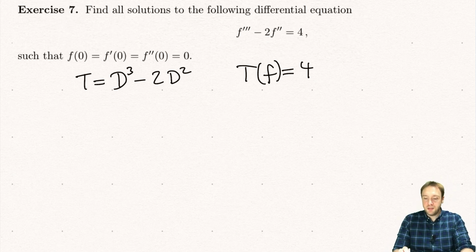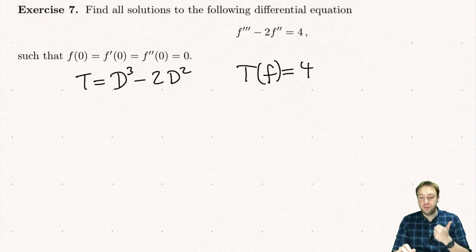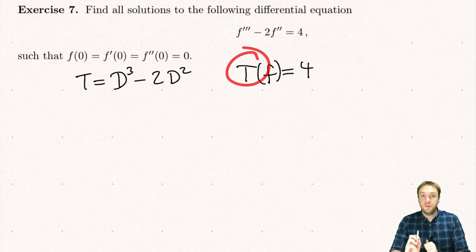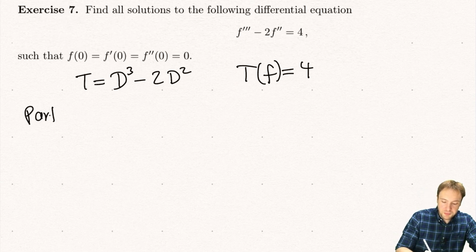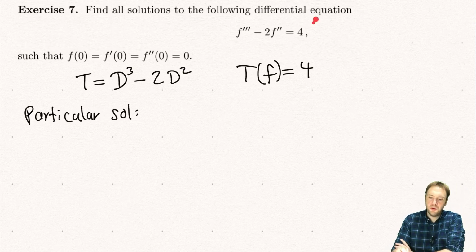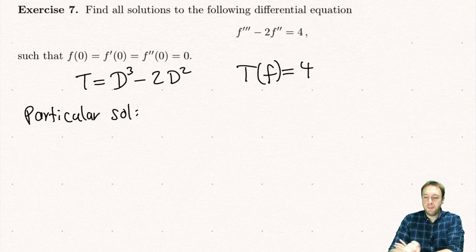And the strategy to solve this kind of linear equation was to find one particular solution, and then all solutions are given by this particular solution plus all elements in the kernel of T. So let's start with the particular solution. So we want to find one solution of this equation here. And here on the right hand side we have a number.